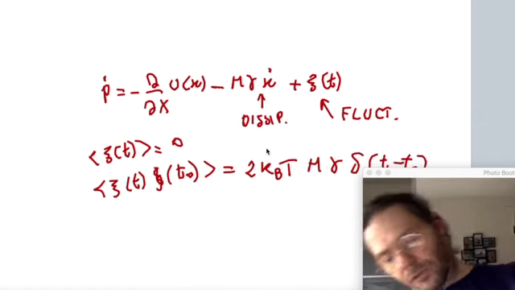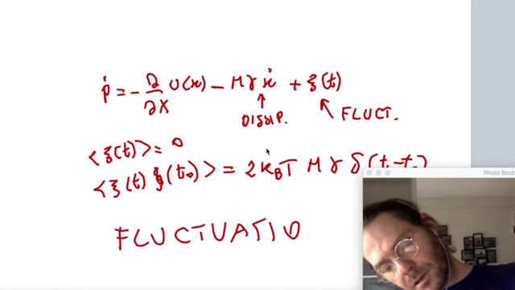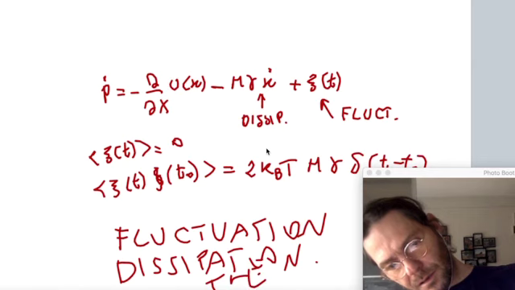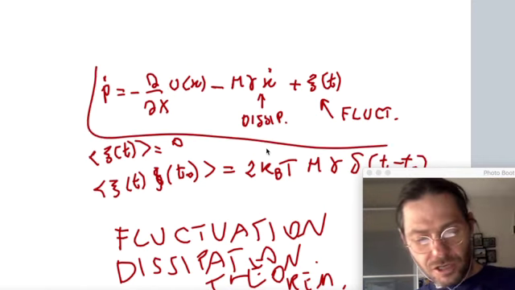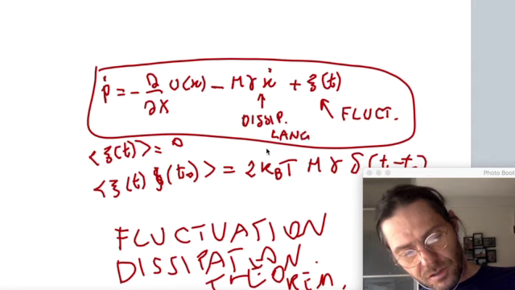This is called the fluctuation dissipation theorem. This is actually quite important, and this equation here is called the Langevin equation.